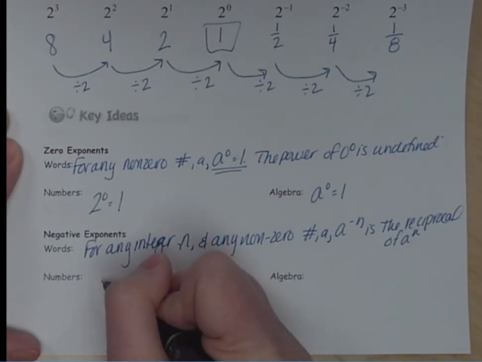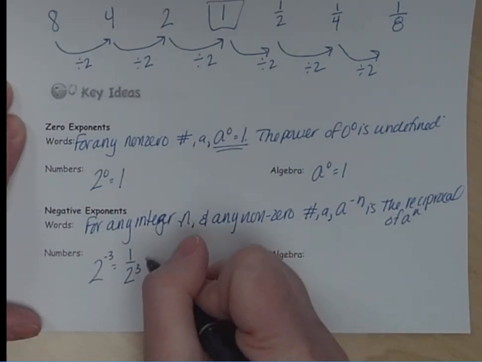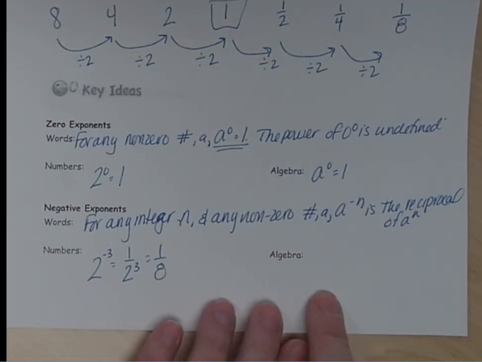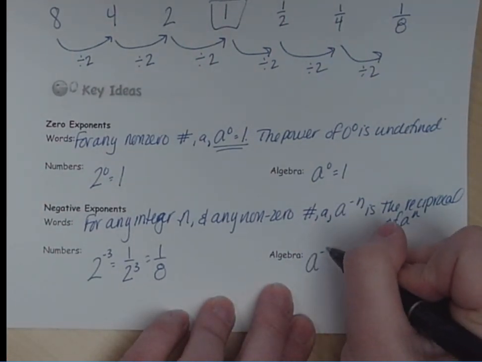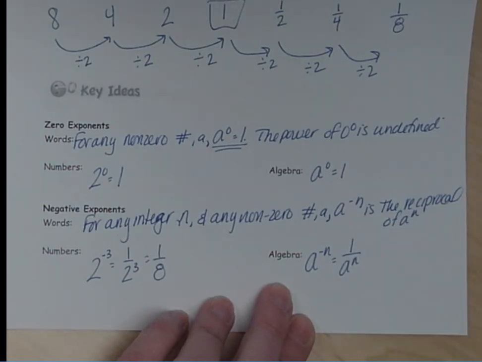So what am I saying? 2 to the negative third is the reciprocal, which in this case would be 1/8. So algebraically, if I have a to the negative n, that's 1 over a to the n.